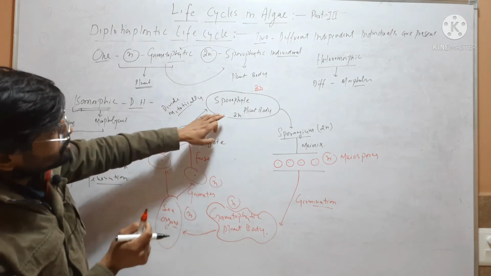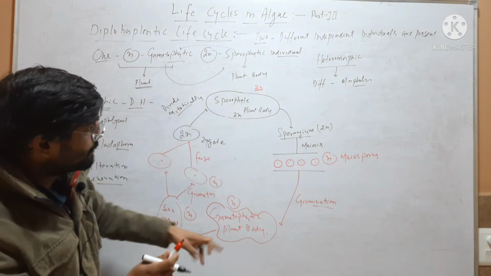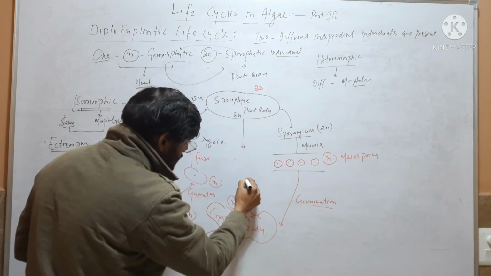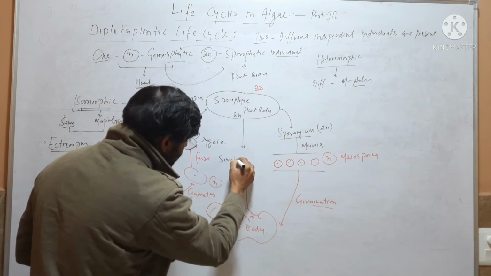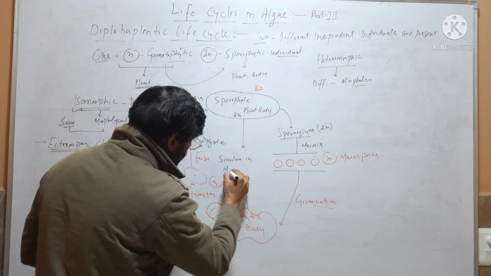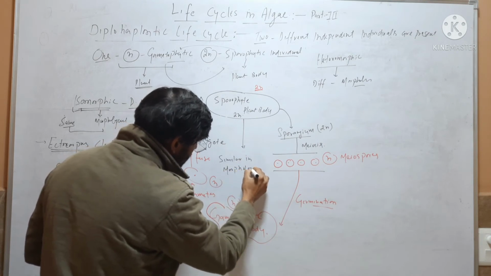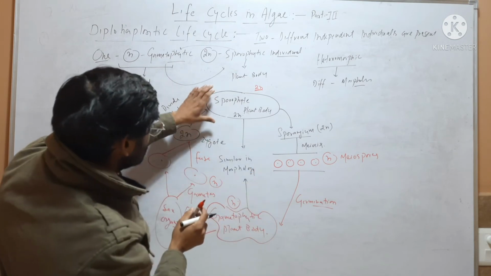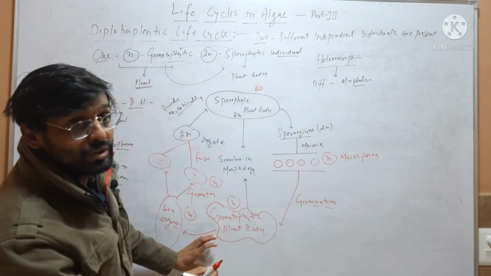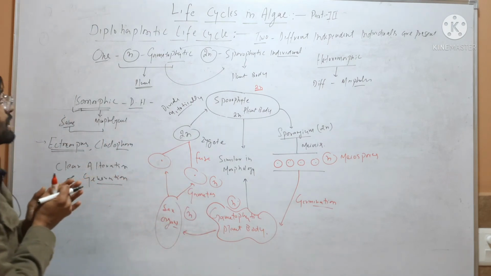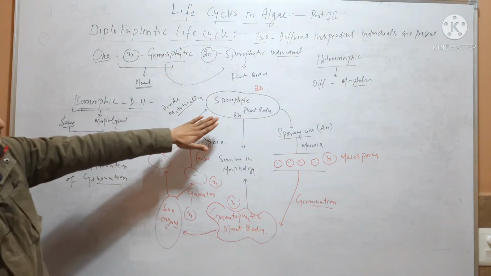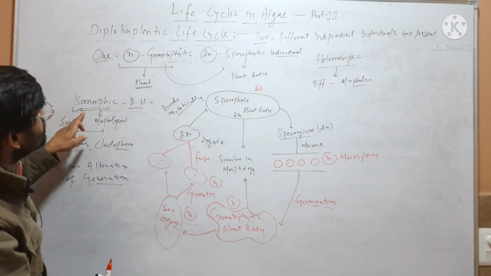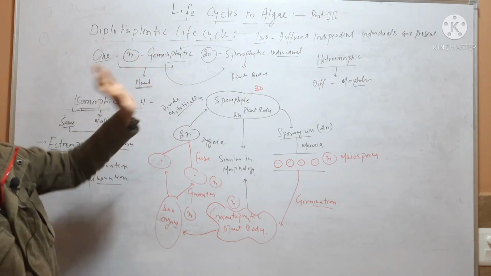And here these two plant bodies, that is sporophyte and gametophyte, are similar in morphology. This plant body is exactly similar to this plant body. So this type of life cycle, where we have two independent plant bodies, sporophyte and gametophyte, and both plant bodies are similar, is called isomorphic diplohaplontic life cycle.